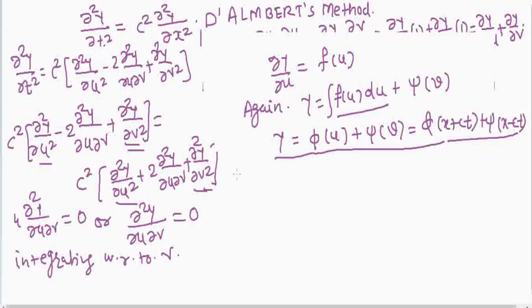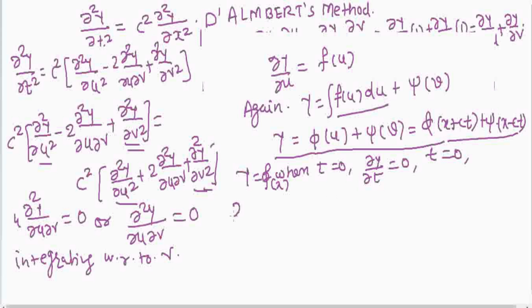Now let us find these values of phi and psi. To do this, we put y equal to f(x) when t equal to 0, and ∂y/∂t equal to 0 when t equal to 0. So let us differentiate this first.